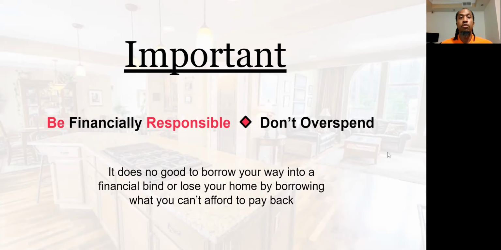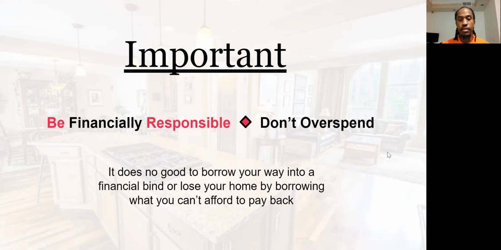And there are some people that don't make quite as much money, but they are really good at saving, they're good at investing, they're good at being responsible with what they have. So again, this has a lot more to do with the individual rather than how much you actually make per month. But in any case, you definitely want to be responsible and you don't want to overspend.